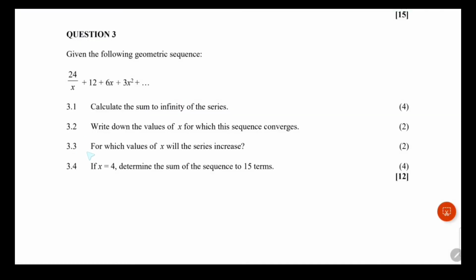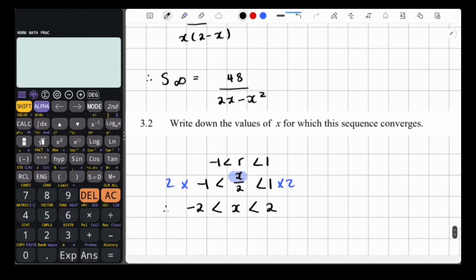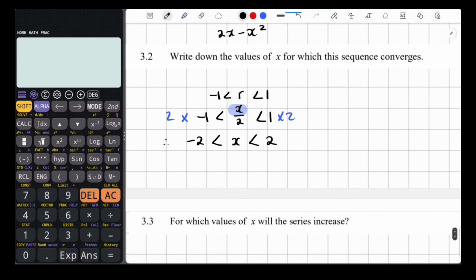Okay, so let's move on to the next question. Question 3.3: for which values of x will the series increase? Most of the time in maths, the previous question has a lot to do with the next question. When the series converges, it gets closer and closer to 0. But a pattern getting closer to 0 doesn't necessarily mean it's decreasing.